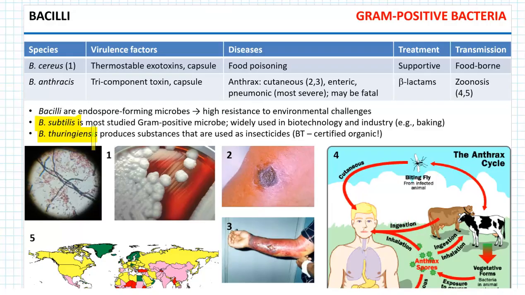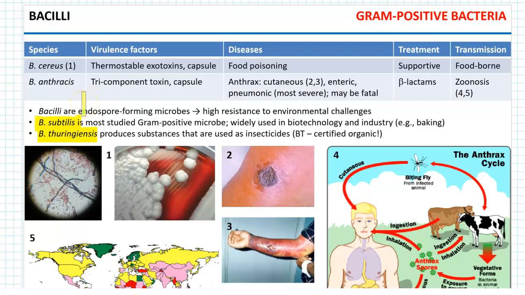What's cool about BT is that it affects only insects. It does not have any effect on humans. So in places like Florida, they use BT as an insecticide to control the population of mosquitoes. Okay?